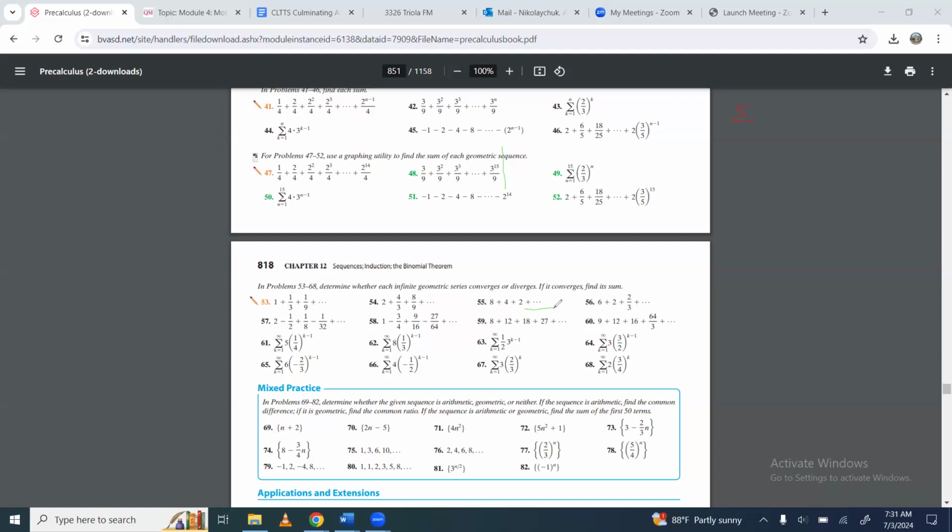So let me do, say, problem number 61. It has a geometric series, and it wants us to deal with the summation from 1 to infinity, for the coefficient that we have here called as a letter K. So 5, which I can keep on the outside, has nothing to do with this series.